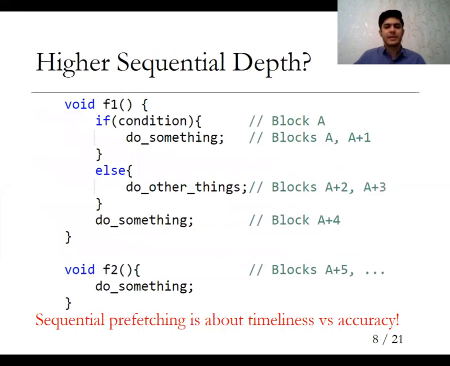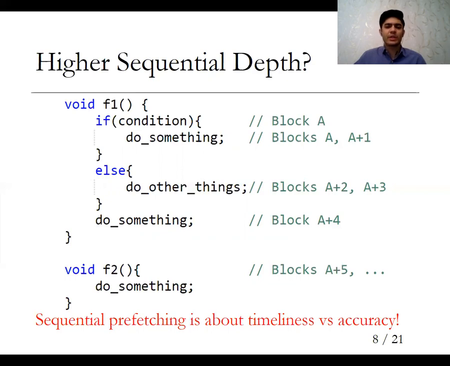Increasing the prefetch depth is the simplest way to improve timeliness. For example, the next 4-line prefetcher prefetches the 4 subsequent blocks when it is triggered. However, the solution results in lots of useless prefetches.